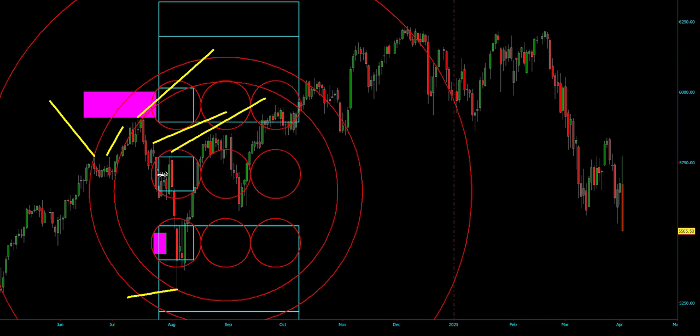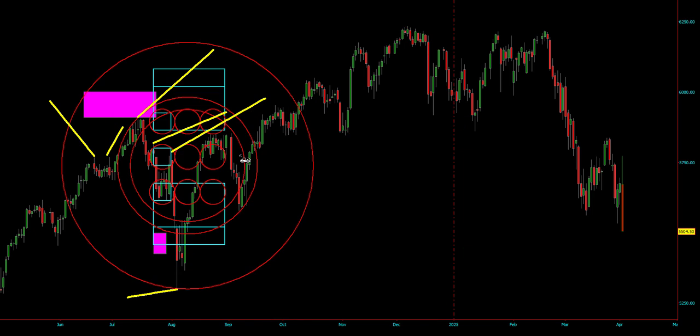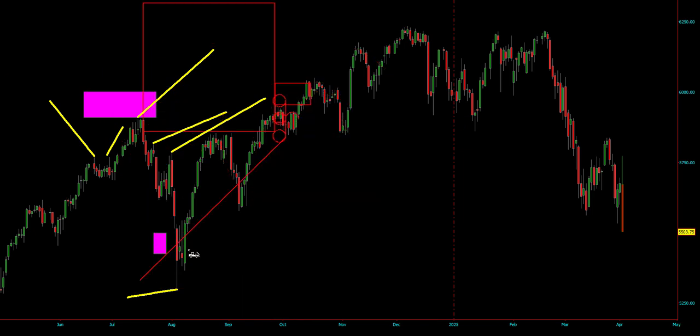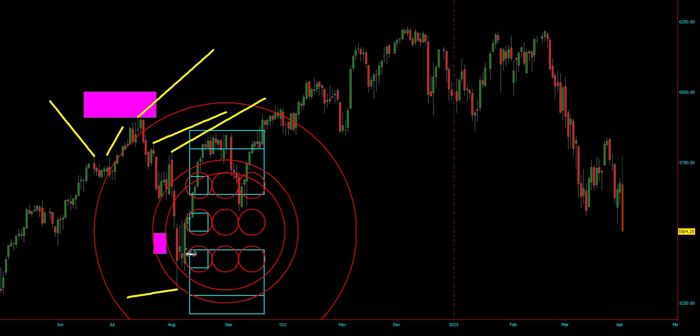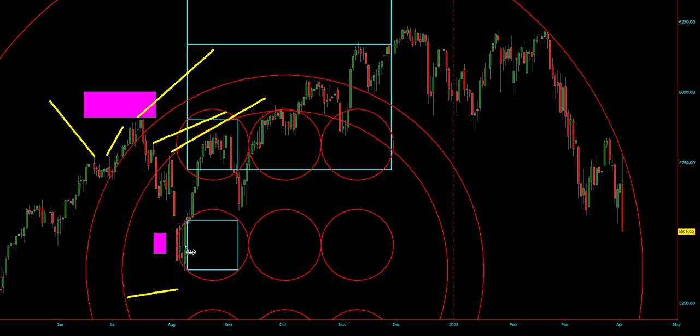If your formula, the model is good, it should work on any time frame, right? I think you agree on that. All right, so now let's move to this one. This is obviously a big bar. Well, there it is.